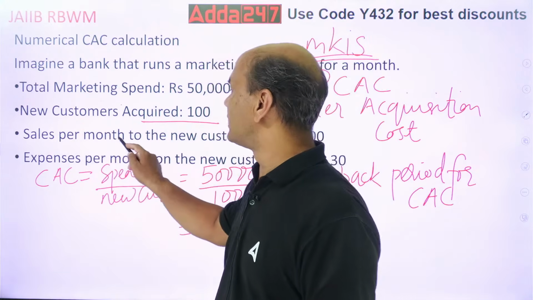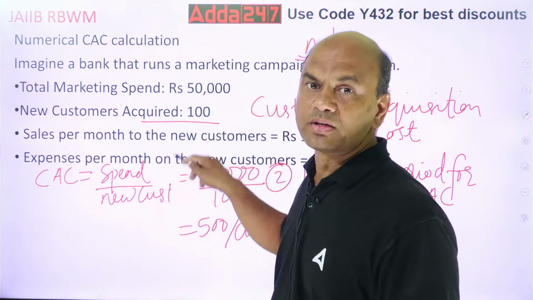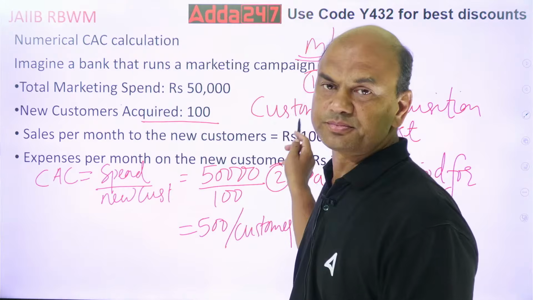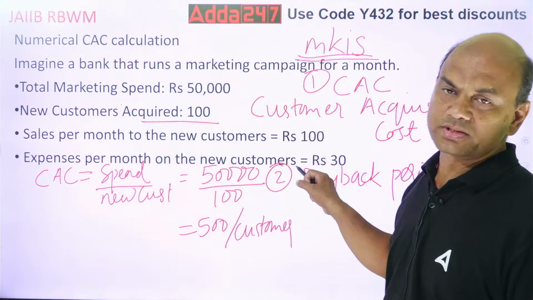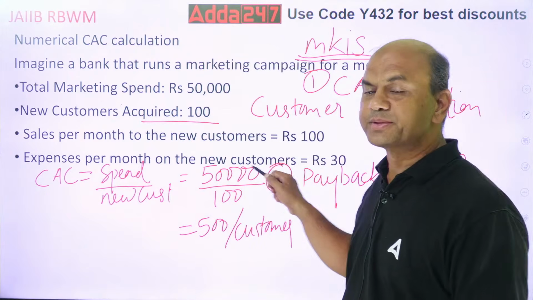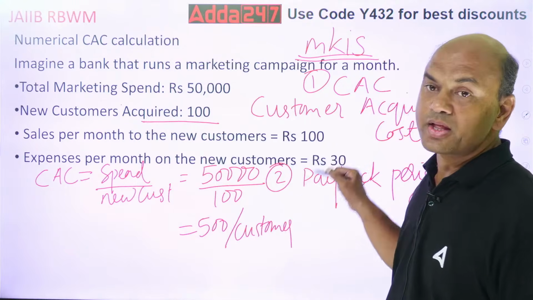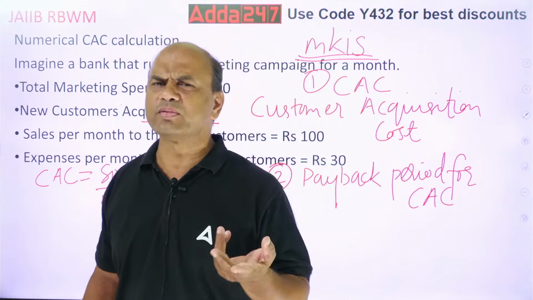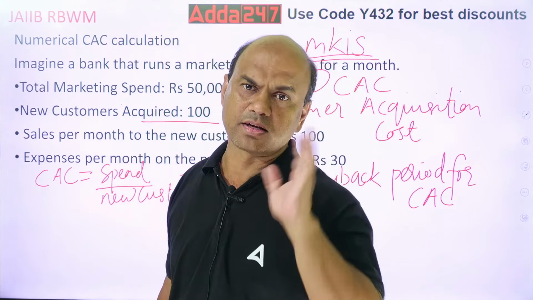Sales per month to the new customers, that is all these 100 new customers, is 100 rupees. Expenses per month on the new customers is 30 rupees. So what is my net profit? Net profit is 100 minus 30.